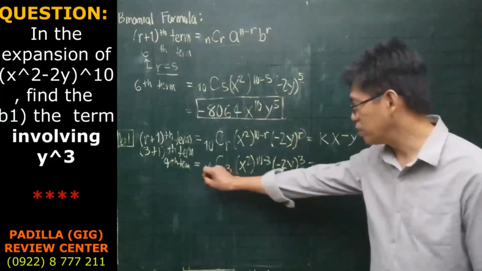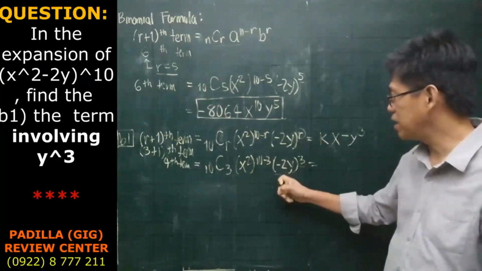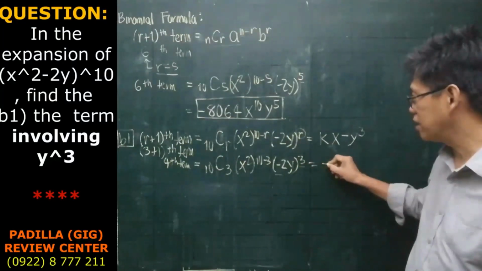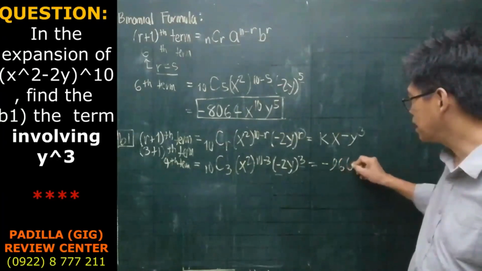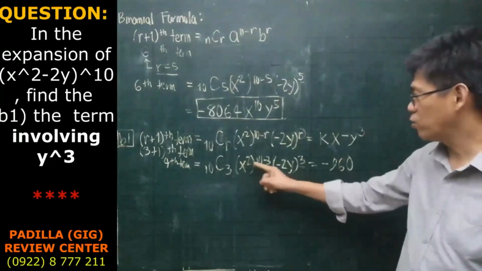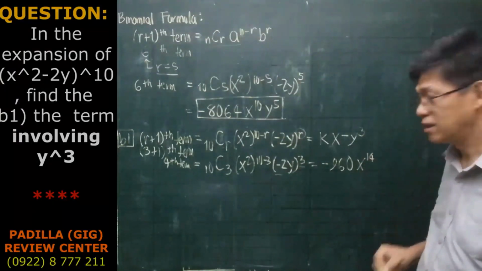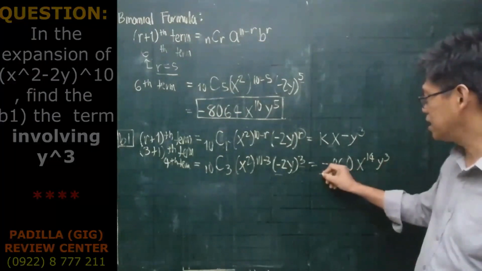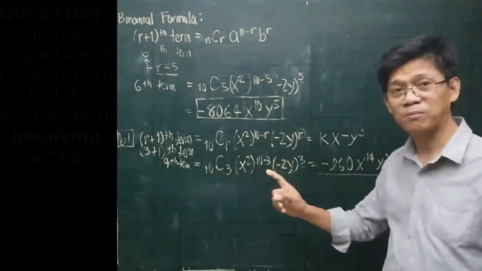So in your calculator, 10C3 times negative 2 to the 3. Compute that. You'll get here negative 960 x squared to the 7, that's x to the 14, and y to the 3. This is the term involving y cubed, the fourth term.